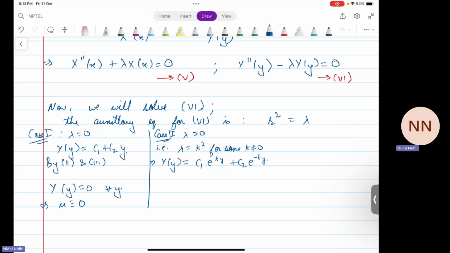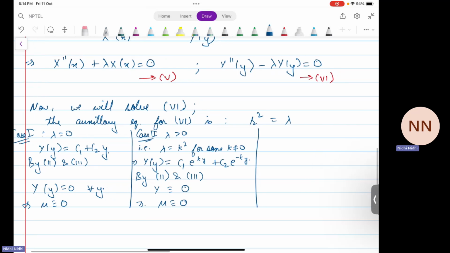Again, using the boundary conditions and the fact that the exponential function is 1 to 1, you can see that this y will turn out to be a trivial solution, which will give us that u is a trivial solution.